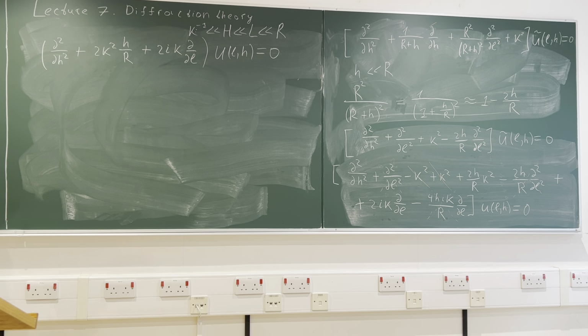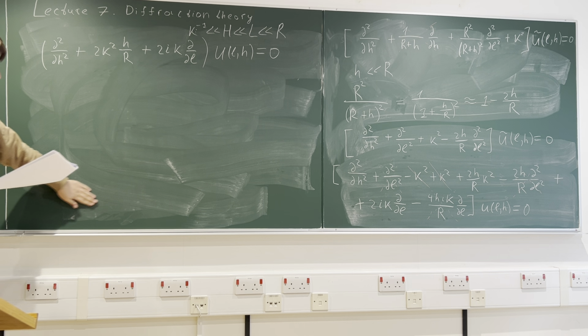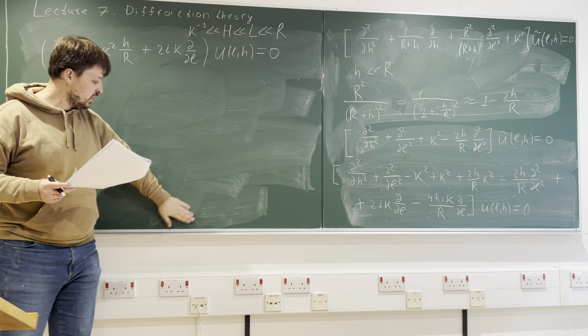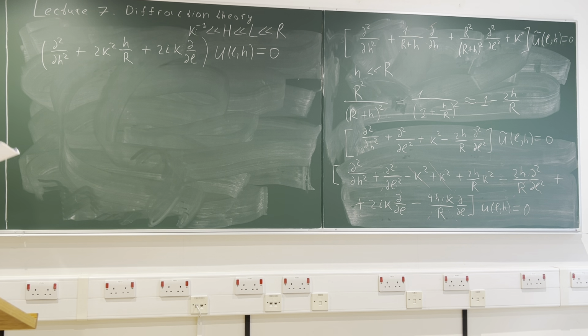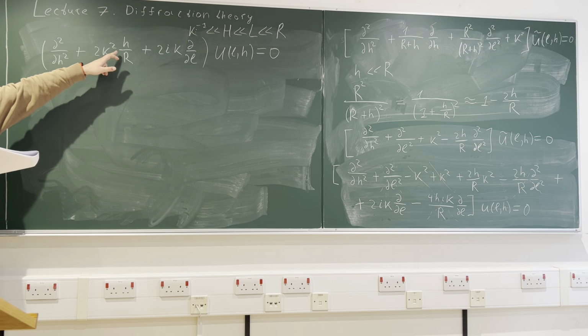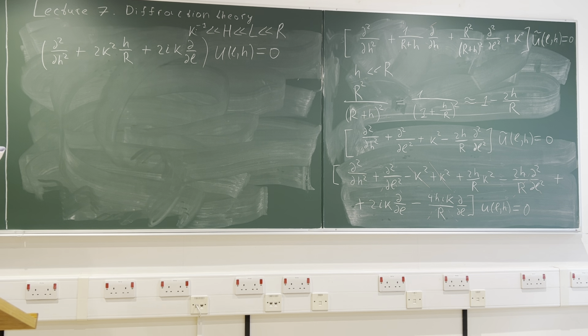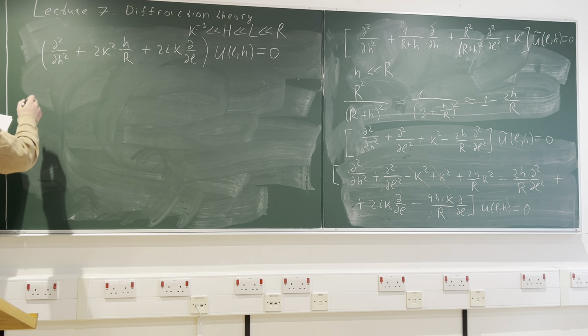The next step I will do, just to make things a bit more neat, I will introduce dimensionless variables. So we have quite a few parameters, h and k. So it's 3 parameters. When you have more than 1 parameter, the first thing you should do is to make your equation dimensionless. And here it's very useful.